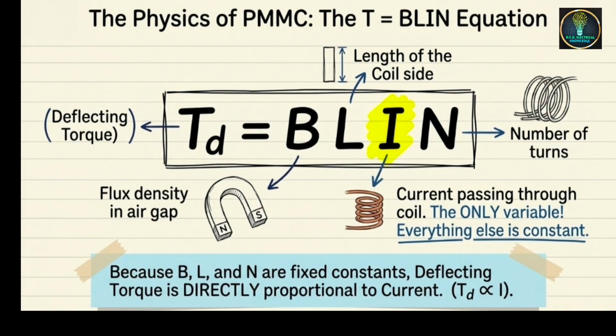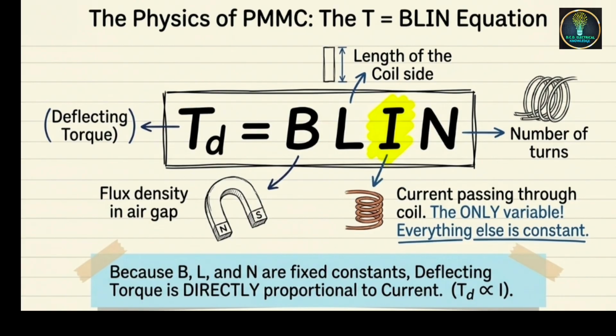TD is deflecting torque, equal to B, flux density in air gap, L, length of the coil side, I, the current passing through the coil.